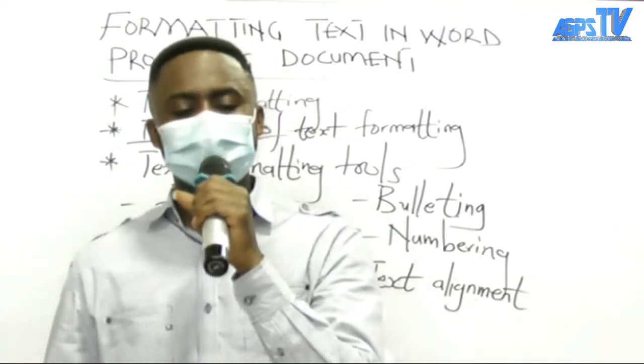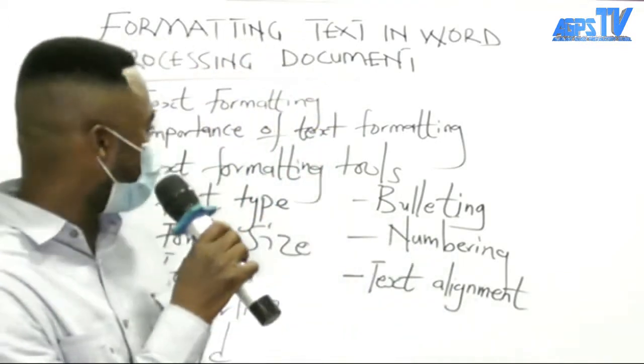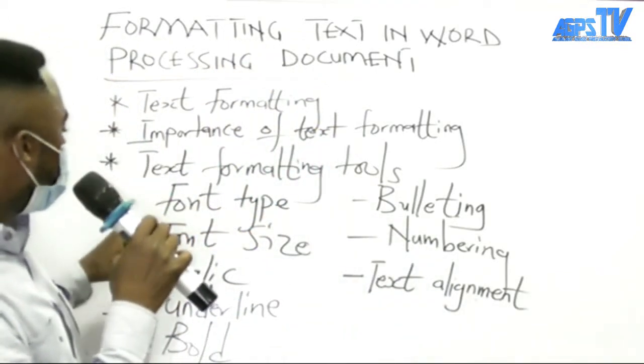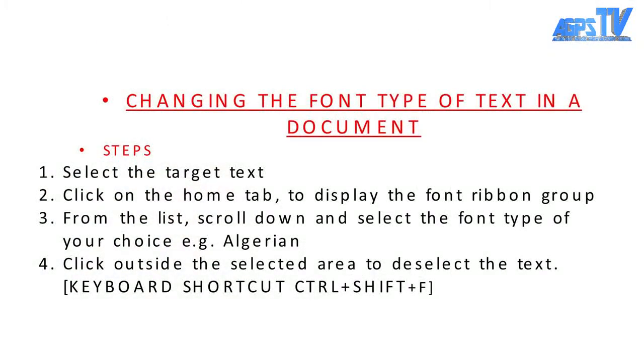Now at this point, let us look at the steps in carrying out the font type, font size, italic, underline, and others. These are the steps in how to change the font type of text. The first step is that you select the target text.